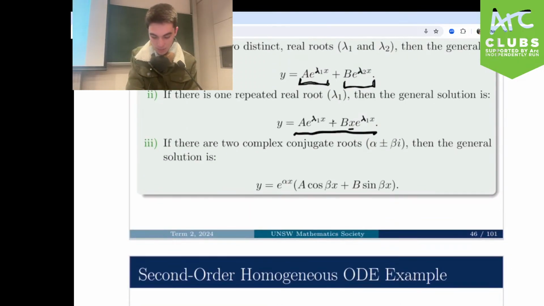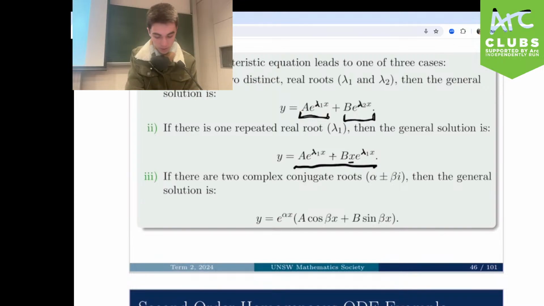Okay, and if there are two complex conjugate roots, so neither of them are real, then we have this slightly more complicated looking expression, right? Where your general solution is going to look like an exponential term with the real part of the solution in the exponent times a sum of a cosine and a sine function in which you have the imaginary part of the solution multiplied by x.